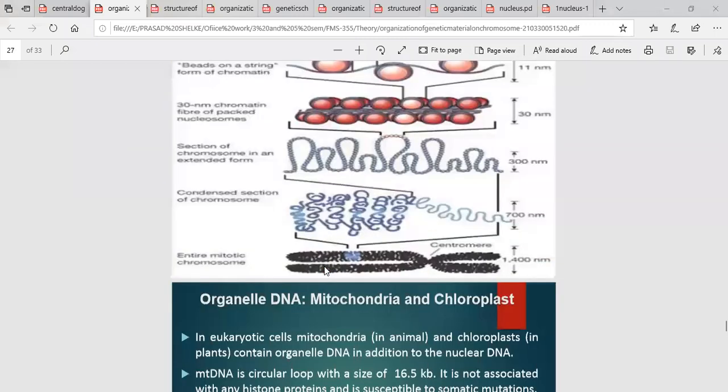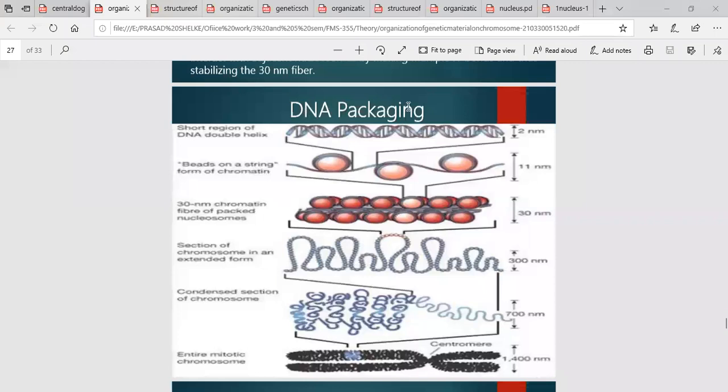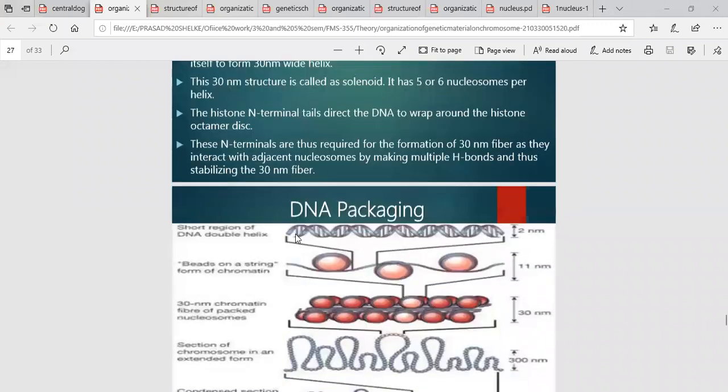In the last lecture we studied this DNA packaging. During gene expression, this double helical molecule gets unwound, and then during replication it gets replicated, producing similar copies of this DNA molecule.